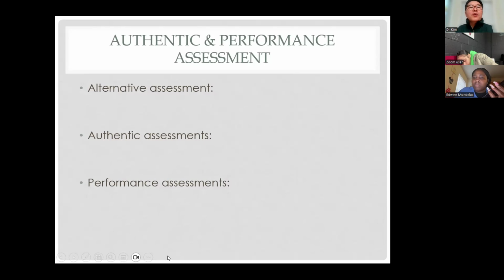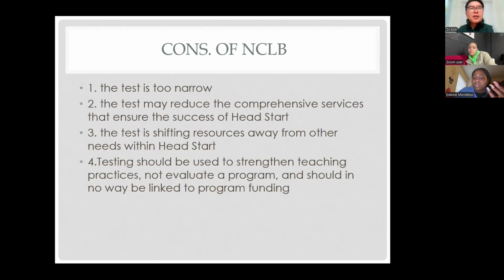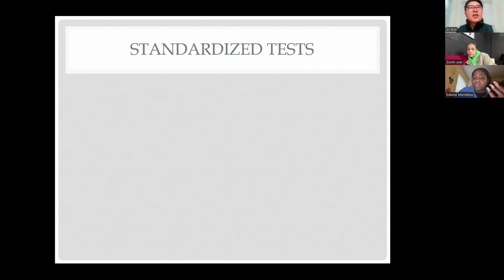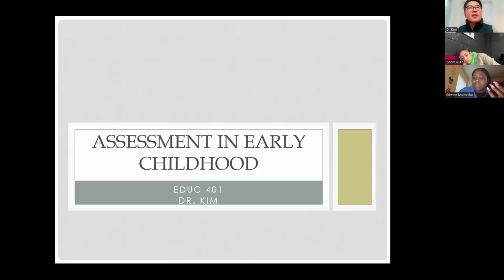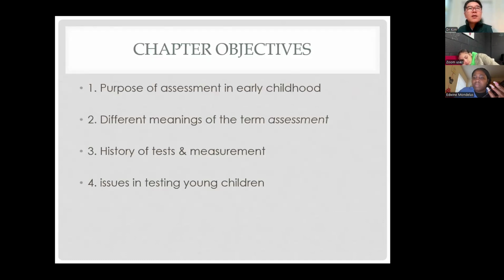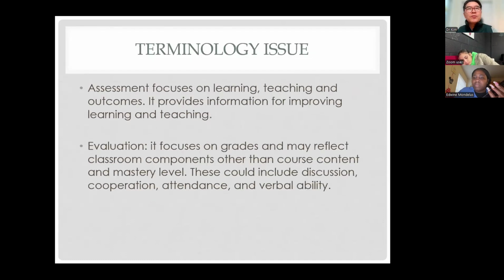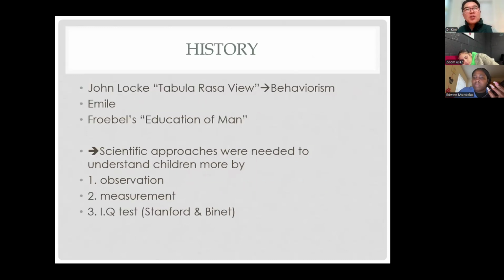Okay, we shortly reviewed chapter one with my lecture, and we saw several key concepts of assessment and terminology issues: what is assessment, what is evaluation, a short history of assessment, John Locke and behaviorism, Emile and Rousseau, Froebel's education of man, and scientific approaches.